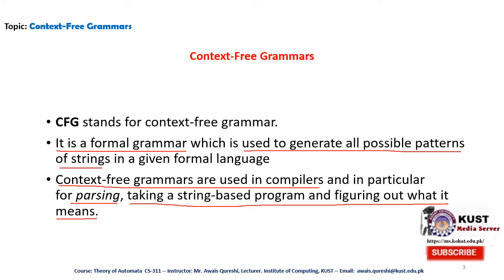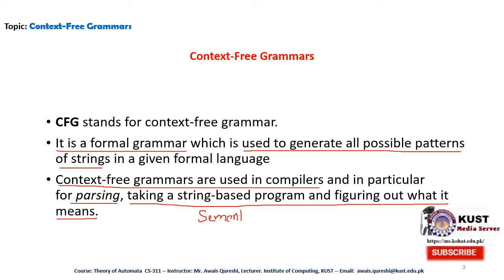The second part, which is called semantics, is closely related to context-free grammars, in which the parser, which is a component of a compiler, takes a string-based program and then figures out what it means. So it deals with the semantics. Let me write this: the part of the program which is using CFGs is related to the semantics of the program.